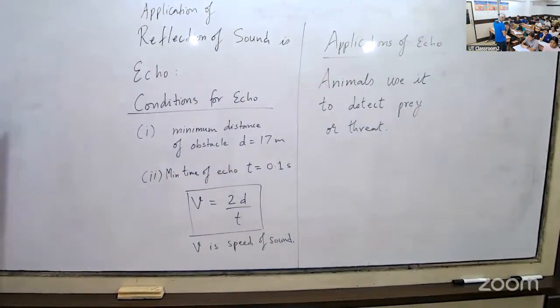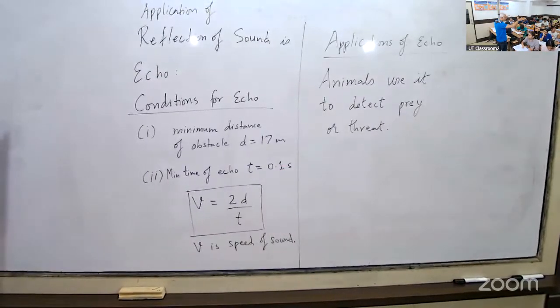Bats cannot see, but you can see that they can effortlessly fly, ducking all the obstacles. When a bat is flying, and let us say some obstacle comes in between, it will not hit. It will avoid it and change course.